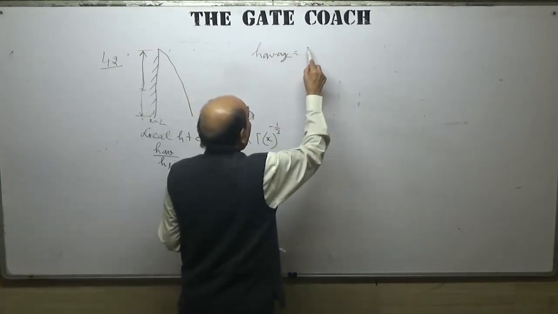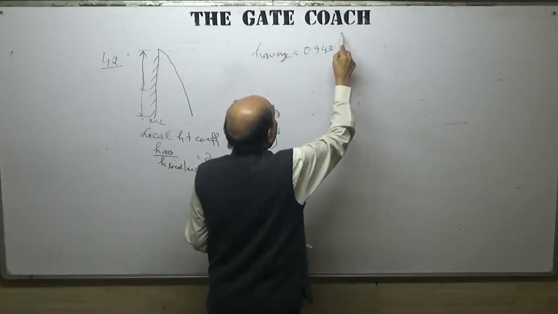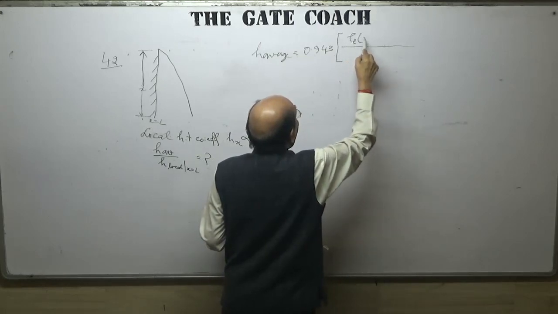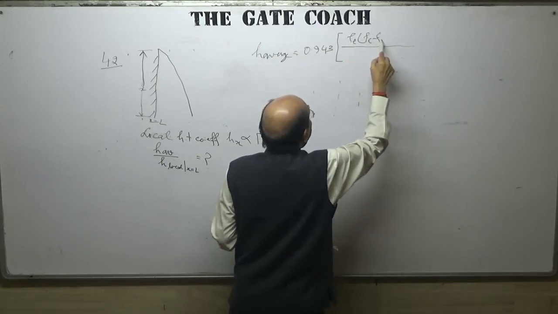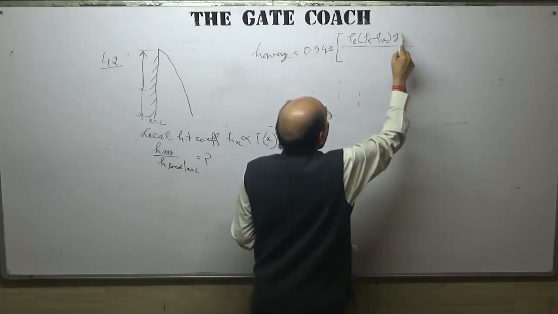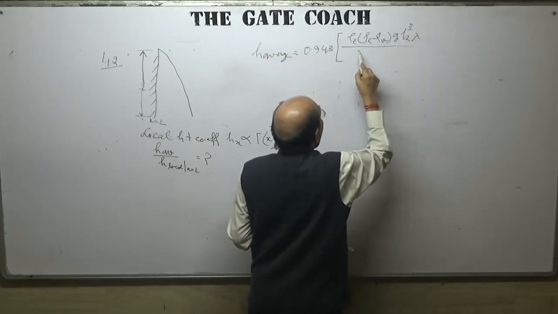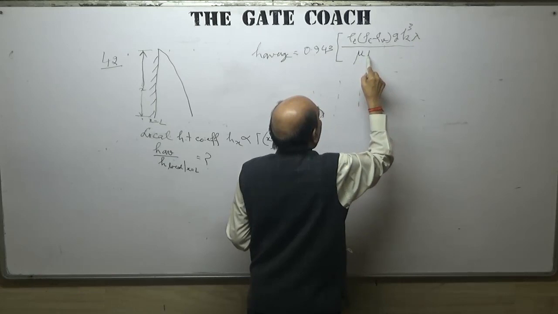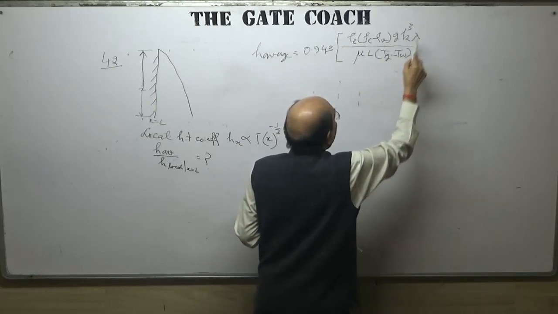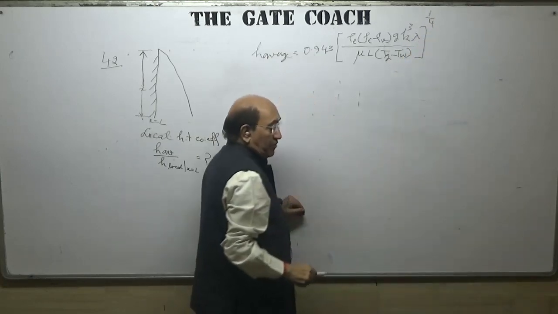H average we had derived in the class: 0.943 into rho L into rho L minus rho V into g into k cube into lambda upon mu L into Tg minus Tw raised to the power 1 by 4.